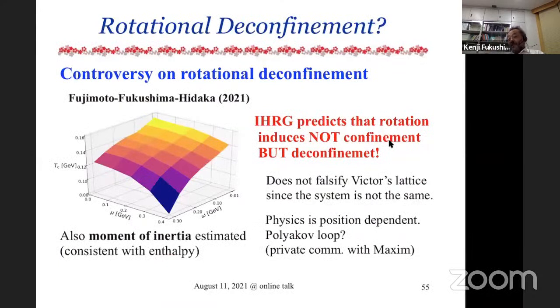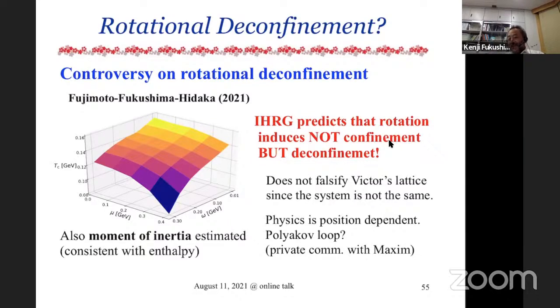And so, motivated by this lattice simulation, we did the Hadron resonance gas calculation. The Hadron resonance gas is such a useful description. I showed the strength of this model to explain inverse magnetic catalysis, right? The inverse magnetic catalysis is such a non-trivial phenomenon, but very nicely reproduced and completely consistent with lattice.